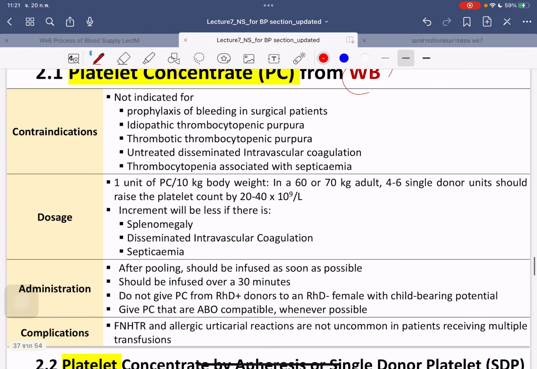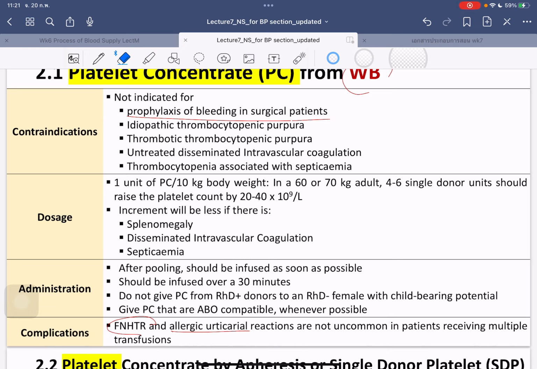Platelet concentrate is not recommended for prophylaxis of bleeding in surgical patients. It means that when a patient is in operation and has bleeding, you will not just put platelets into the patient. You have to find the reason why the patient has bleeding, because sometimes the patient may be deficient in other factors such as factor 8, factor 9, something like that.